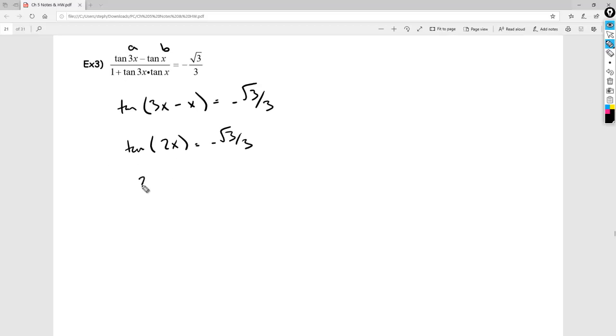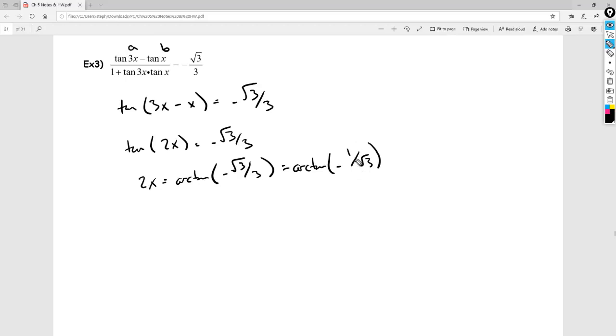And now I can apply arctangent. Okay, so now I see that I have arctangent of negative root 3 over 3. I need to know what that is. So the way that I usually think about this is the same thing as arctangent of negative 1 over root 3. So I see that if this is sine over cosine, I see that cosine is root 3 over 2 and sine is 1/2.